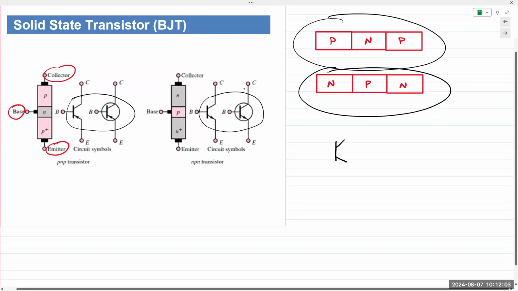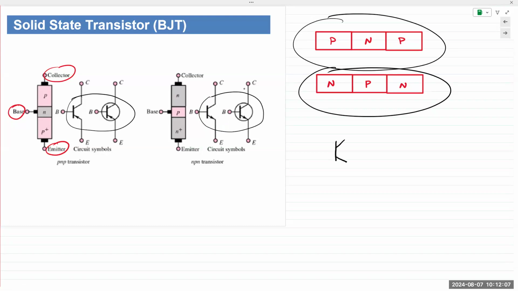You have a straight vertical line, depending on how you orient the transistor, obviously. You have a straight line and two angle lines. And one terminal has an arrow either pointing out or pointing in. If the arrow is pointing out, it's an NPN transistor, as you see here.